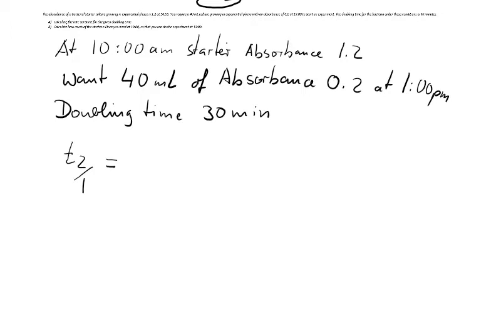Anyone? What do we know about this reaction, or the growth of this culture? What do we know about it? What order is it? Let's start with that. Somebody put here ln2 over r.